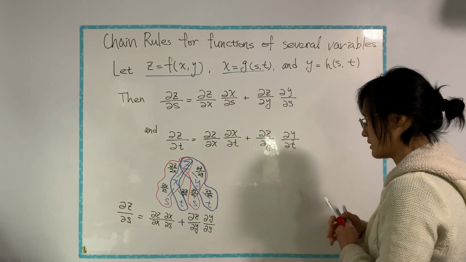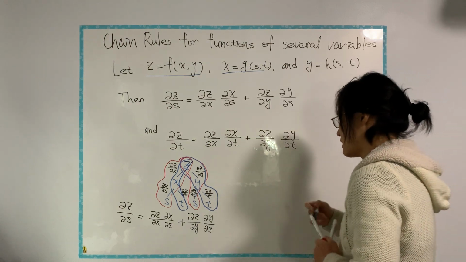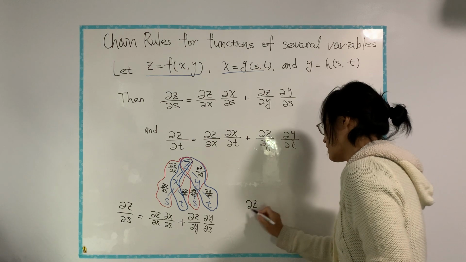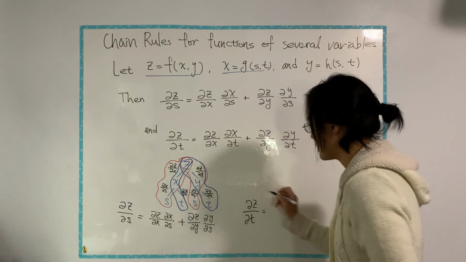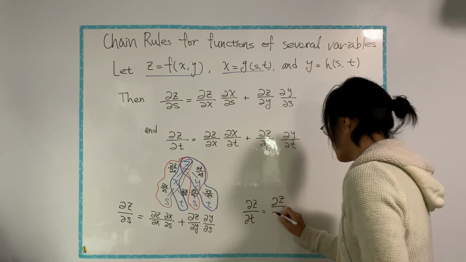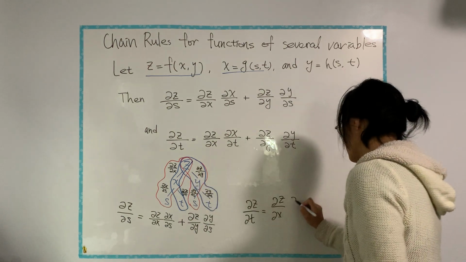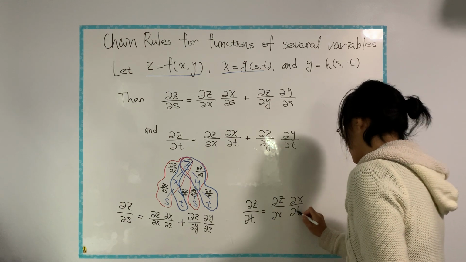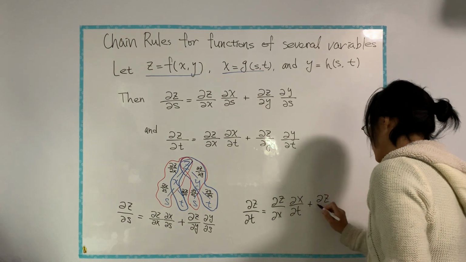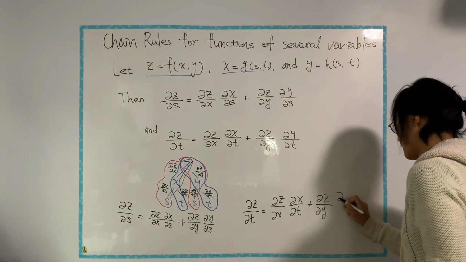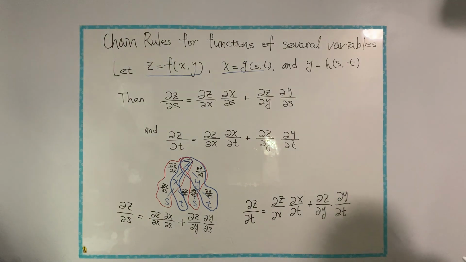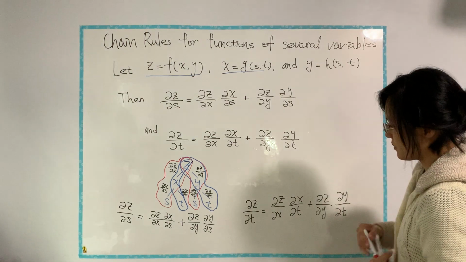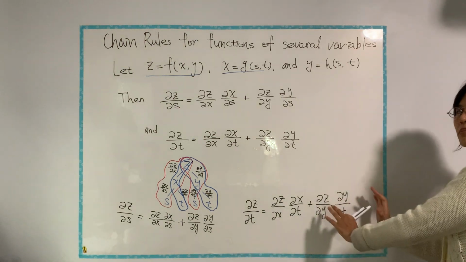So that tells you dz dt equals z to x, so that's this, x to t, that's this, plus z to y and y to t. So now with the correct formulas, you just need to figure out the partial derivatives and put them in place. You're good.